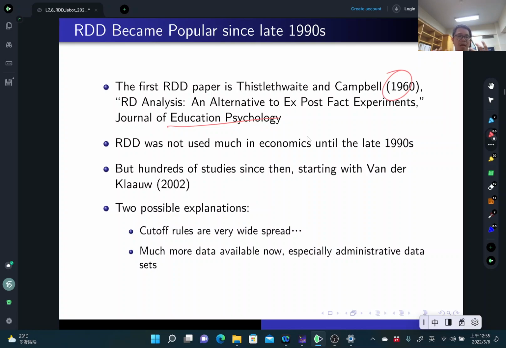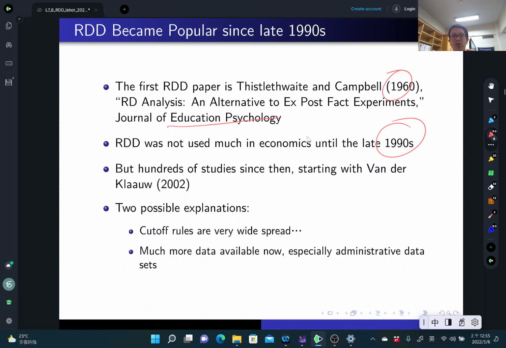But it was not used much in economics until the late 90s. This is because very big data started to be used during the recent two decades.